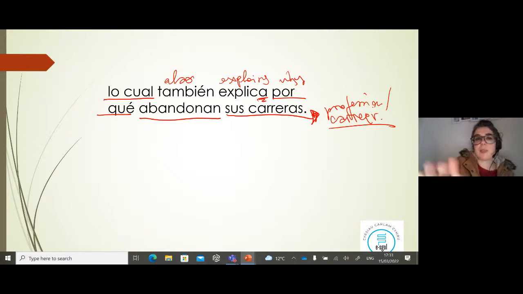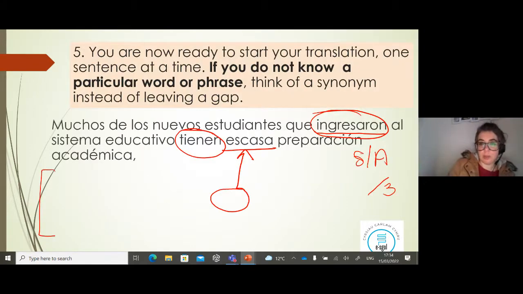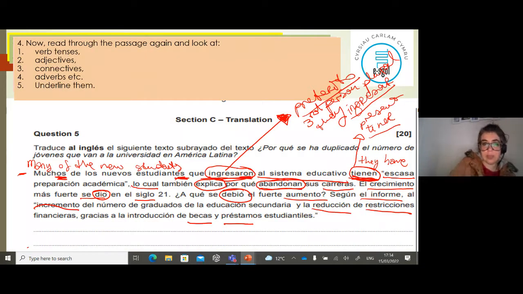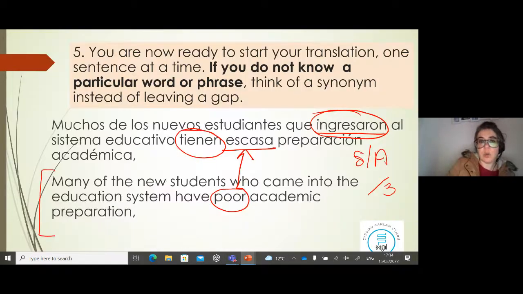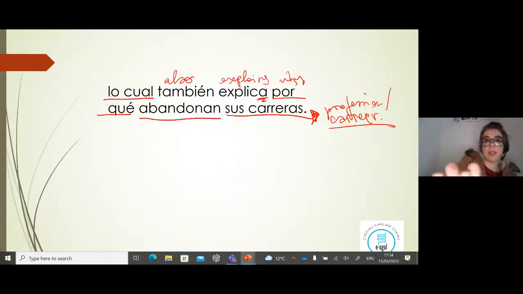This might help as well to have a bit of a visual of what the full text means. So remember that this was part of the full sentence. So lo cual can be translated. Can you make sense of what these words that we left out could be? So take a second, take a minute, try to translate, and I'll put the answers out.